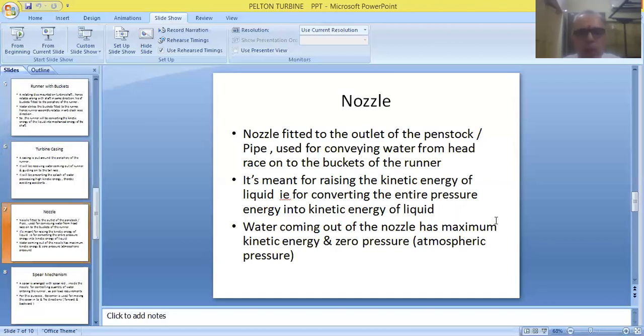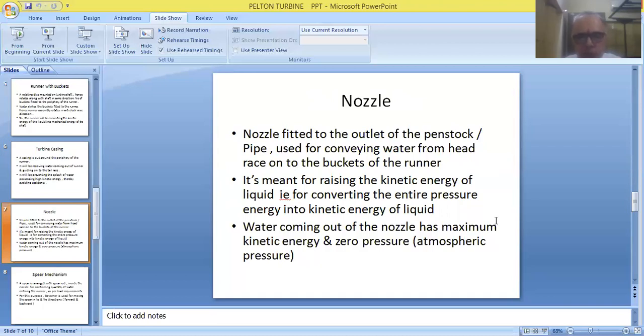And we have already talked about the arrangement of the nozzle. This nozzle is fitted to the outlet of the pipeline. It is used for conveying water from the reservoir onto the buckets of the runner. As told earlier, this nozzle will be raising the kinetic energy of the liquid.